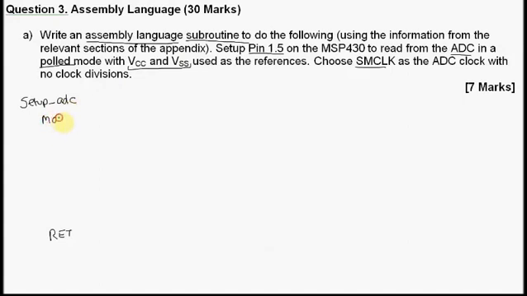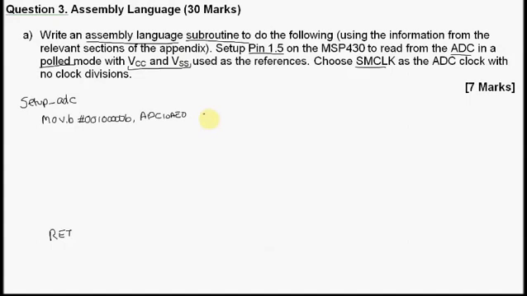So we're saying move, it's an 8-bit register, so we need a .b, and we need bit 5, so we say 7 6 5 4 3 2 1 0 into ADC10AE0. So we've enabled the analog input there.